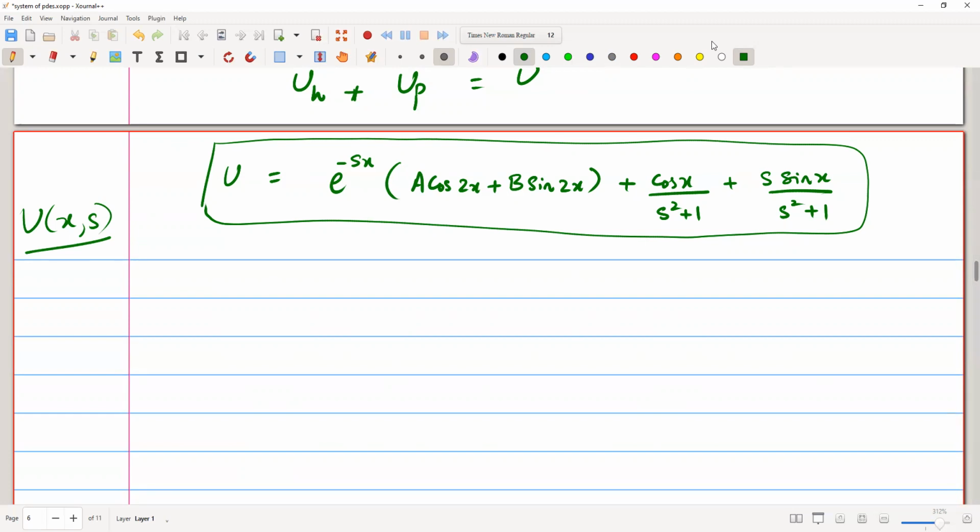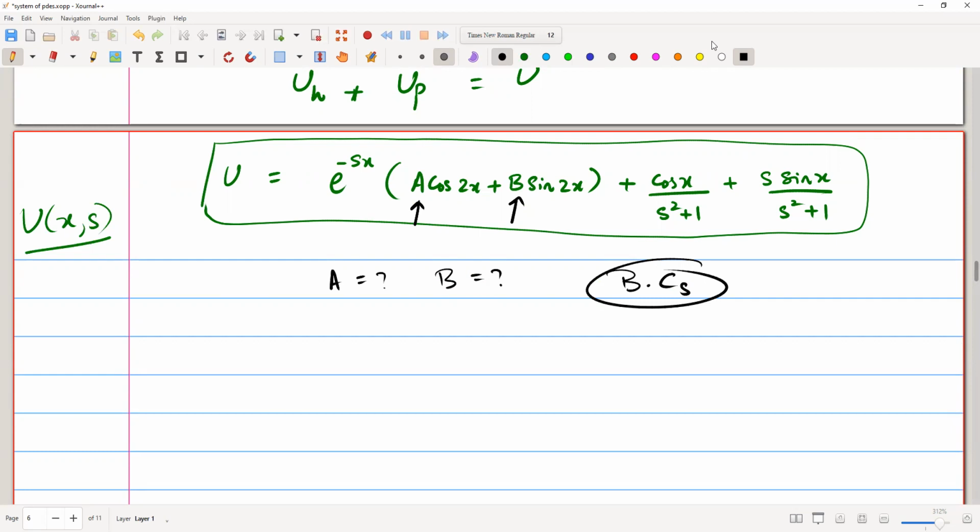But before that we need to figure out these two constants, a and b. For these two constants we need boundary conditions, right? For simplicity in this problem we can consider some boundary conditions that will make it easier to solve.